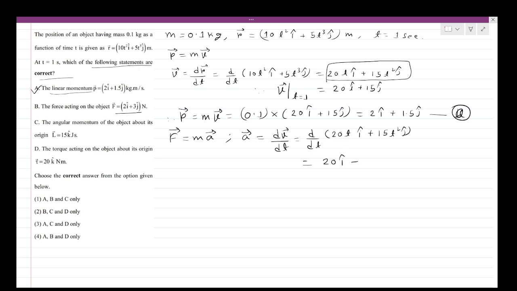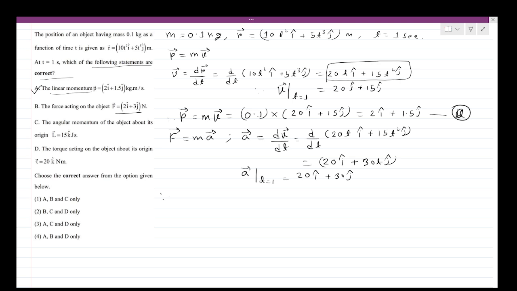20 i cap plus 30 t j cap. Now at t equals 1, the value will be 20 i cap plus 30 j cap.